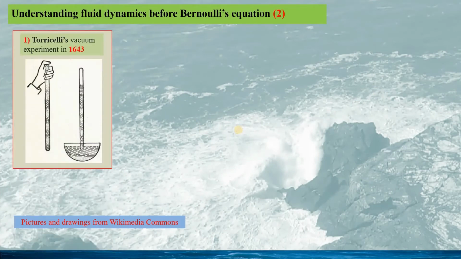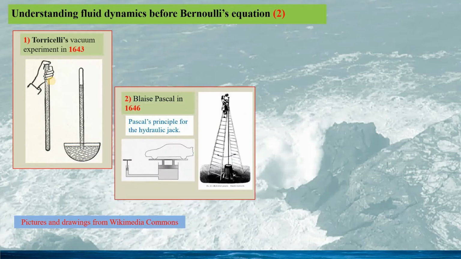There were three famous experiments for understanding pressure and atmospheric pressure, including Torricelli's vacuum experiment in 1643. He could measure the atmospheric pressure and create a vacuum. And the barrel burst test by Pascal in 1646.